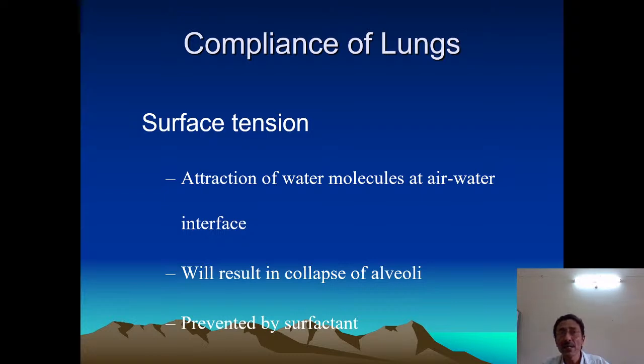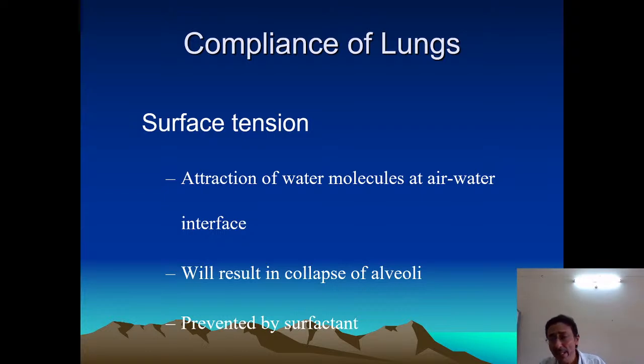The distensibility depends upon the elastic nature. The more the elastic fibers in the alveoli, the more the distensibility. The fewer the elastic fibers, the less the distensibility. And where does this happen? In smokers. In smokers you will find that there is a replacement of the elastic tissue by fibrous tissue. That is why their alveoli are less distensible, so their compliance is less.